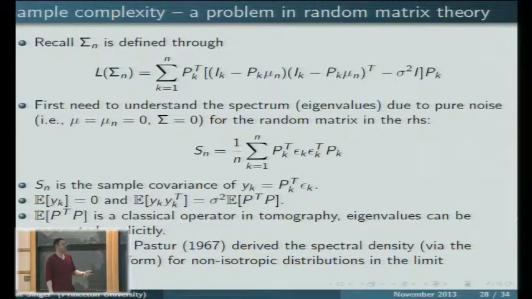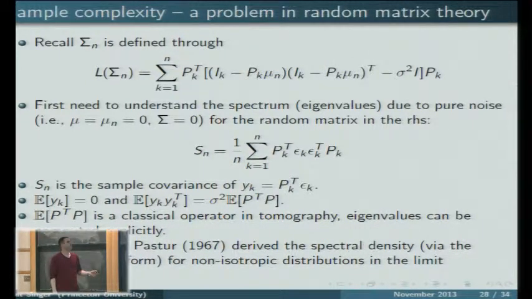So this is just a matrix of a sample covariance for y's that are defined as the back projection of the epsilon k's, right? So what you have here is yk times yk transpose. Right, so epsilon is noise independent of x, also independent of the rotation. So expectation of yk is 0.